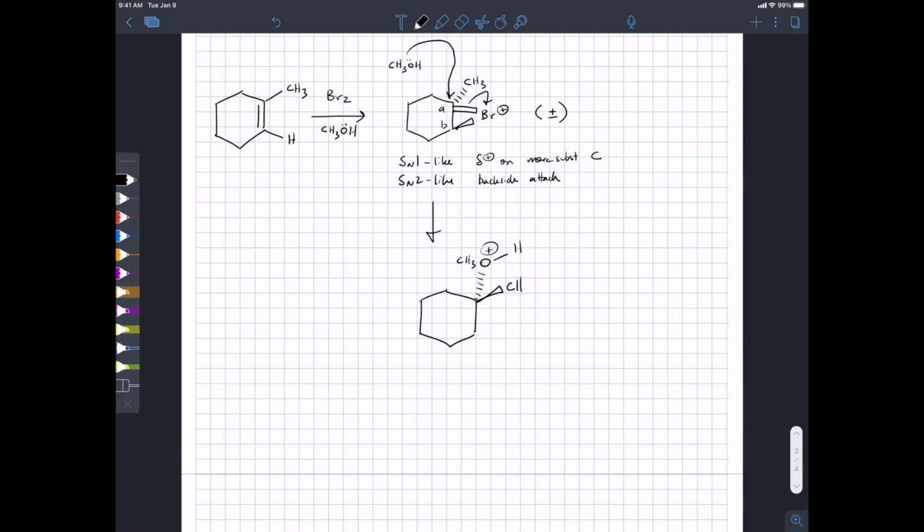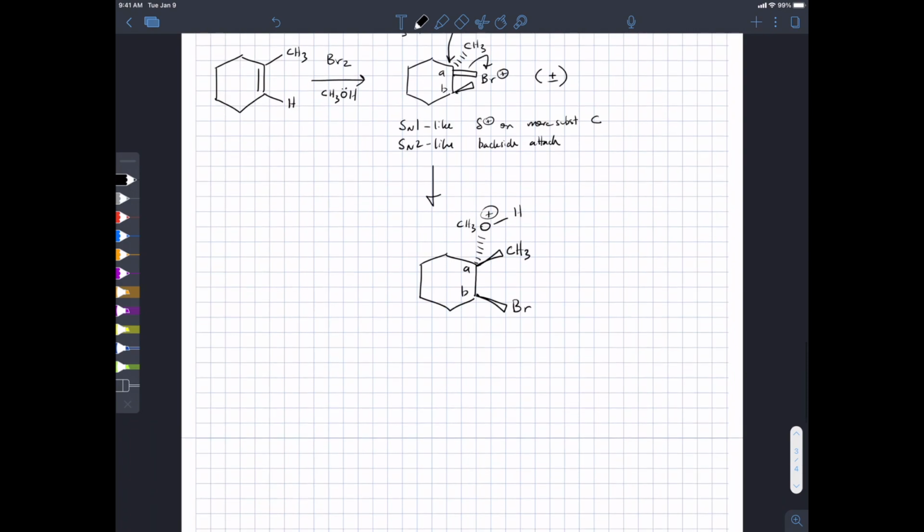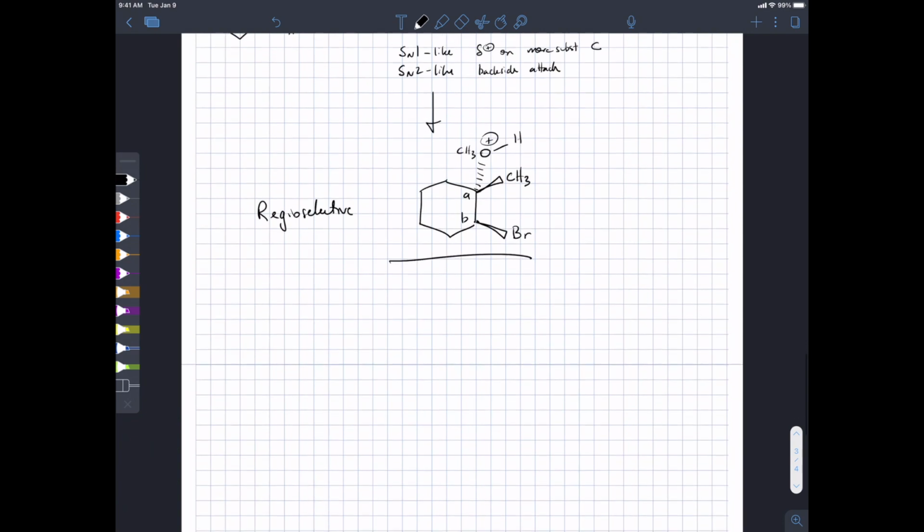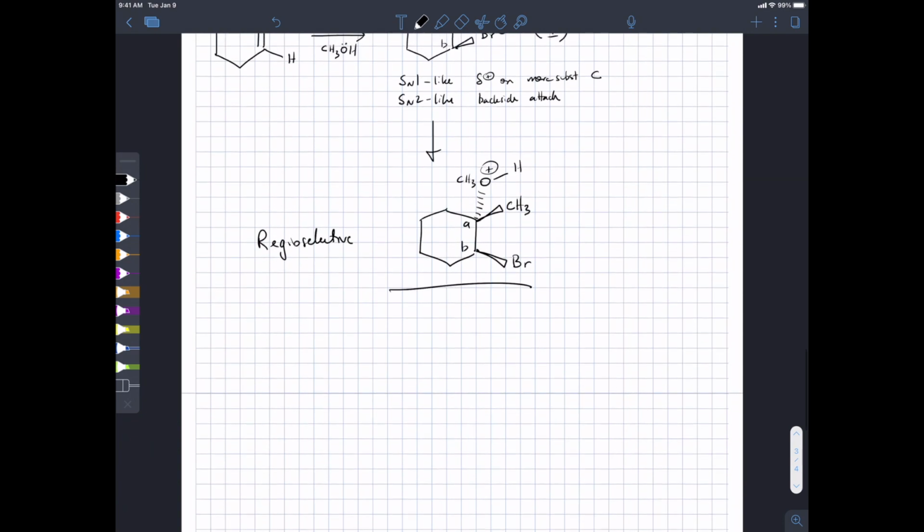And we'll get inversion of configuration where that nucleophile came in, and then the other carbon ends up with the bromine. So this reaction is regioselective because we get this connectivity shown here and not the alternative where the oxygen would be attached to the less substituted carbon and the bromine would be here on carbon A.